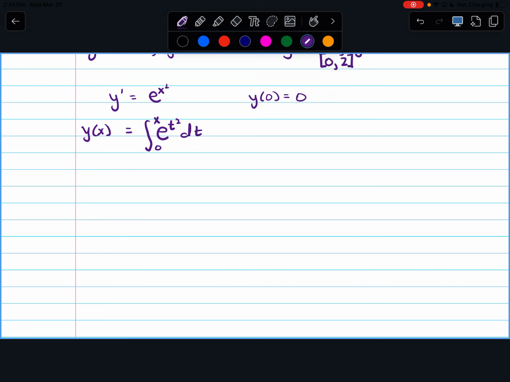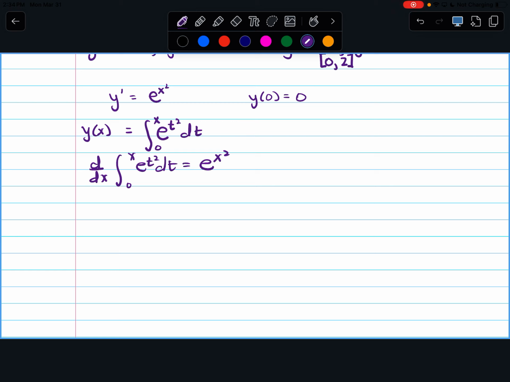And notice the derivative of that. If you take the derivative, d dx of that integral, you get e to the x squared, and that's what you were supposed to get. In other words, the derivative is that.